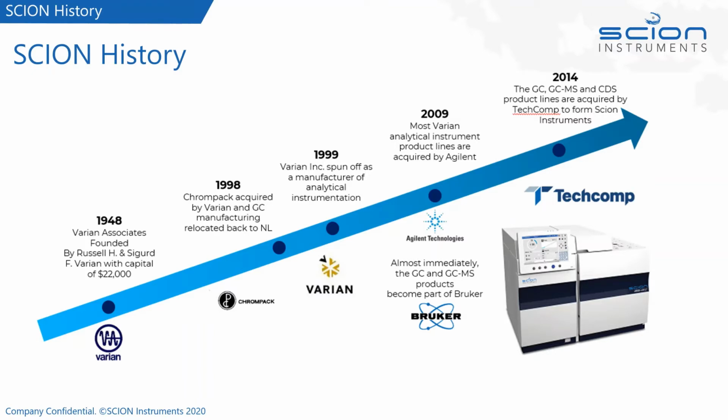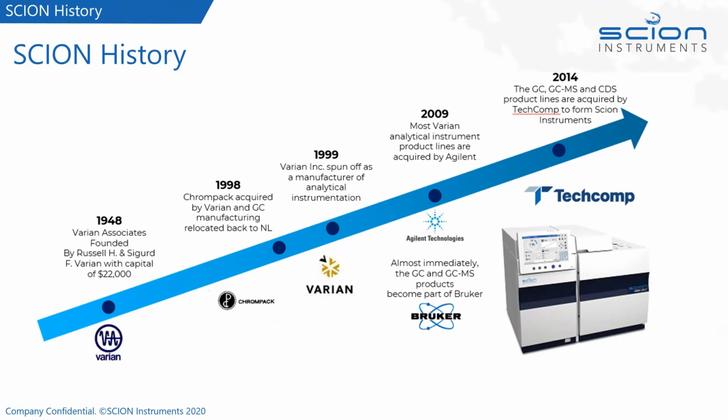So that's why SCION actually existed from 2014, but we do have a lot of staff that came from Varian right back from 1999. So we carry that legacy and we do all of the R&D development for the GC and GCMS.